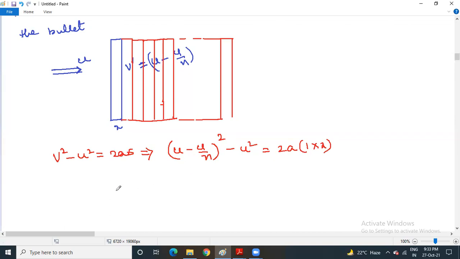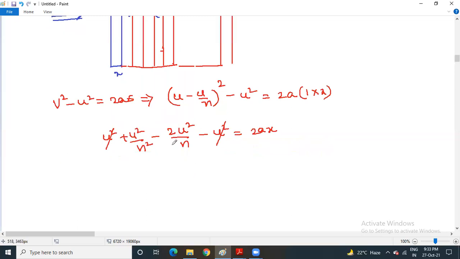To elaborate this, you will get u square plus u square by n square minus 2 u into u by n, minus u square is equal to 2ax. So you can cancel minus u square plus u square. Therefore you can take out u square common, and you'll get u square into 1 by n square minus 2 by n is equal to 2ax. So this is in the first case.